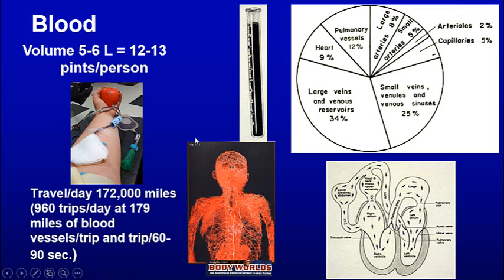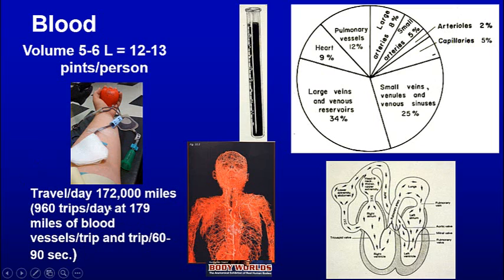And so when blood goes through the body, from the heart to the lungs, back to the heart, and then throughout the rest of the body, different parts of the blood at the same time travel 172,000 miles. It makes 960 trips a day, 170 miles of blood vessels per trip, and it takes about 60 to 90 seconds.